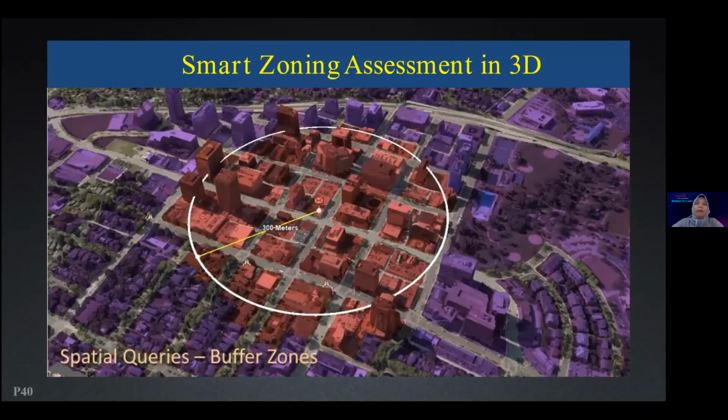We have many kinds of 3D spatial analysis, like viewshed analysis, and also sunlight analysis to detect the shadows of the buildings. We also have flood analysis simulations and other 3D spatial analyses, which can be done in our desktop applications, mobile applications, and also web applications.